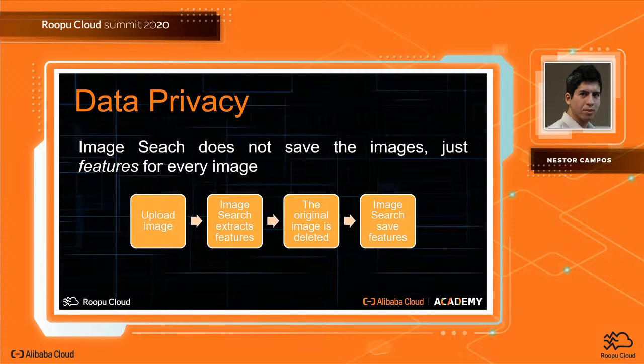So you can imagine, when you upload an image, image search extracts features of that image, vectors, data, text, numbers, etc. The original image is deleted and image search saves the features. The image isn't saved in image search. Don't worry about the privacy. Your data is your data.